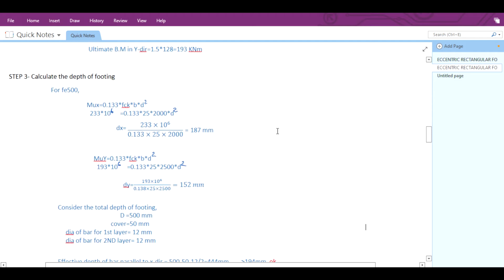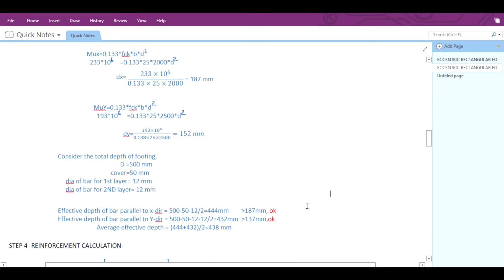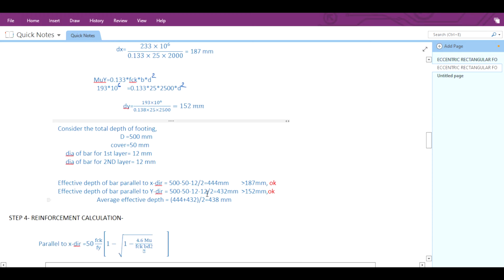which is greater than our effective depth calculated for x direction, that is 187 mm. So this will be safe. Similarly for y direction, it is 500 minus 50 minus 12, that is the dia of the bar of first layer, minus 12 by 2, that is the center of dia of bar of second layer.